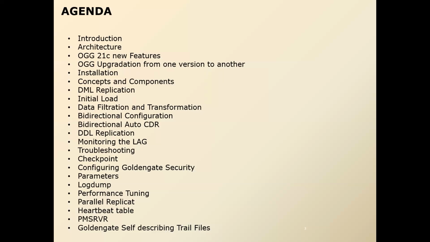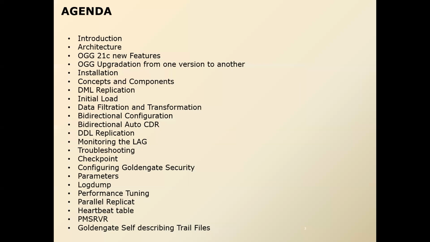So the agenda of this training includes whatever is mentioned, and we discuss much more than that. It includes introduction to Oracle Goldengate and different architectures of Oracle Goldengate. I'm saying that this is classic architecture. For those who may not be aware what classic architecture is, I'll be discussing that as well.